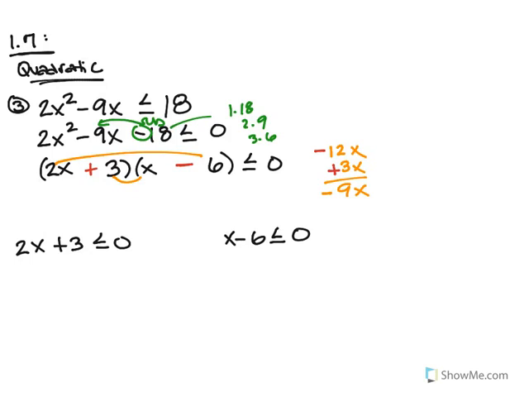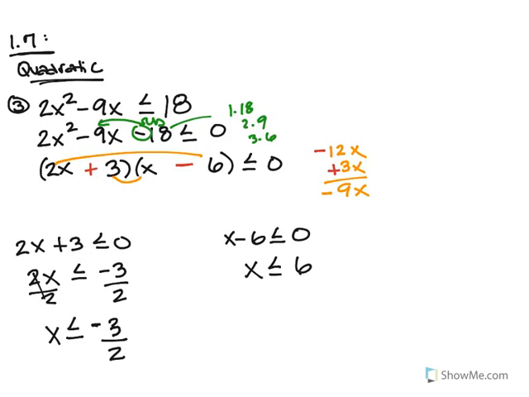So once we solve, let me not get ahead of myself, divided by 2, we got x is less than or equal to negative 3 over 2. And x is less than or equal to positive 6. And from the beginning, with this being a less than sign, it's supposed to shade where?